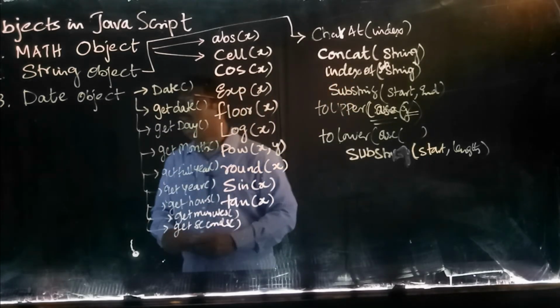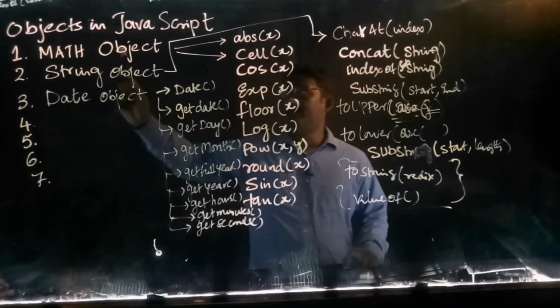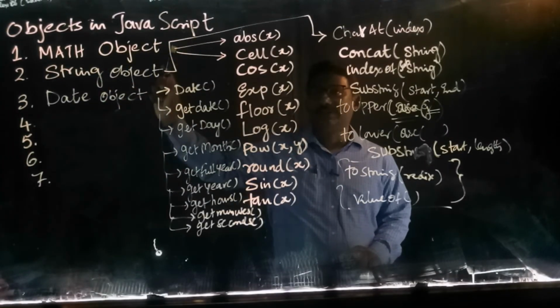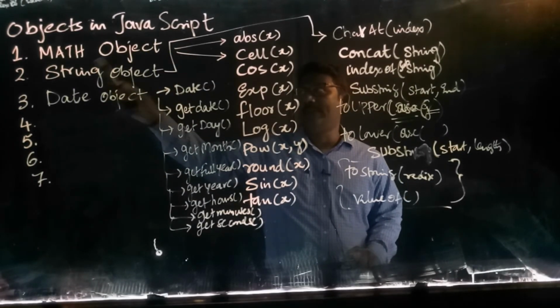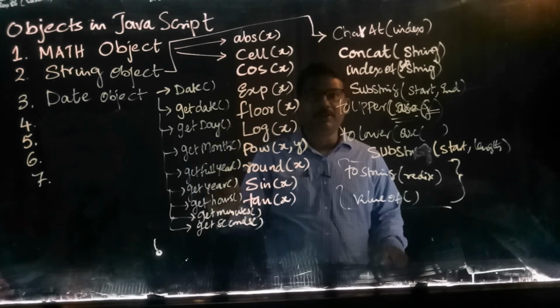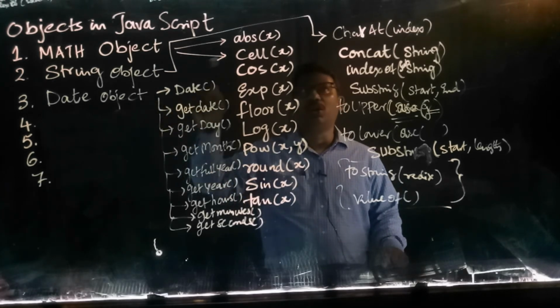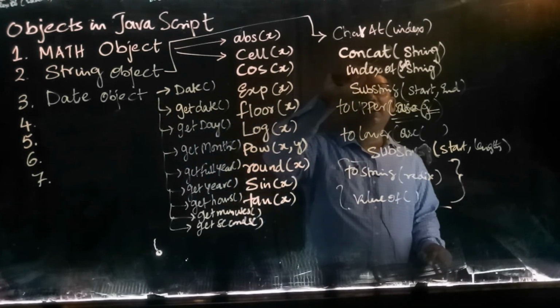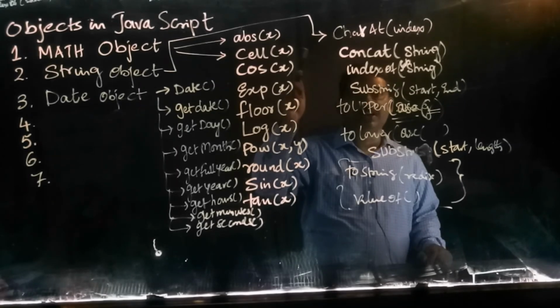So this is about the date object in JavaScript. Math object: abs of x, ceil, cos, exp, floor, log, pow, that means power, round, sin and tan. Next come the string objects: charAt index, that means which index it is.